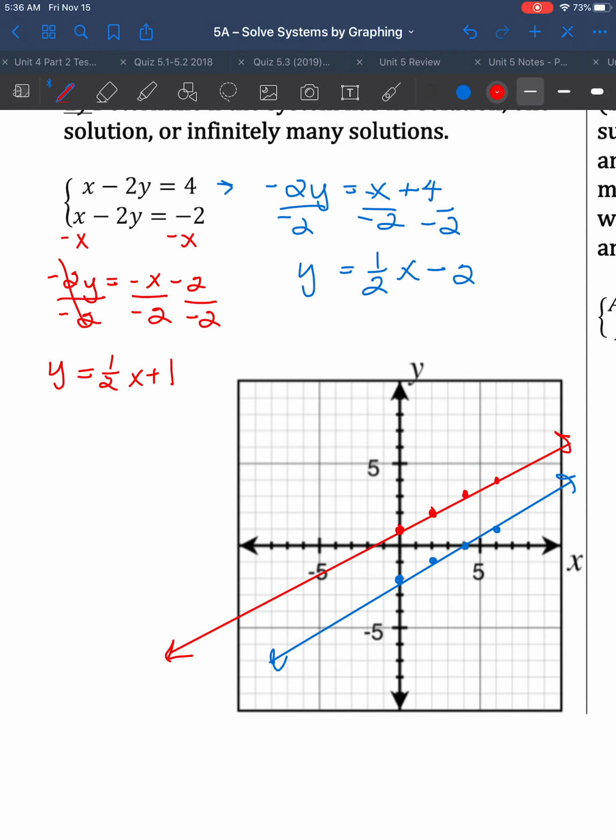Okay, so those, even though my lines are a little slanted here, always make sure you double check their slopes if you think they're going to be parallel, because that's what tells us that they're parallel, okay? So this one would be no solution.